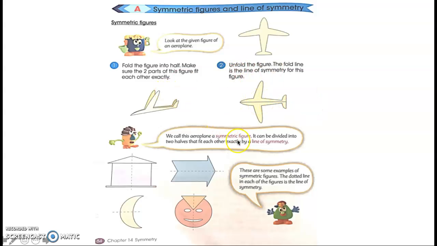And then the other point is, if it is symmetrical, what is the line of symmetry? Actually, the line of fold which made two sides of the aeroplane overlap each other without deviating even a little bit, right? So that line of fold is the line of symmetry.